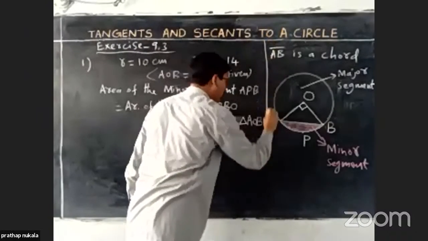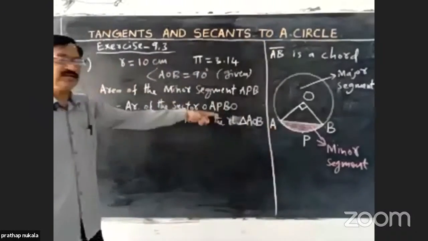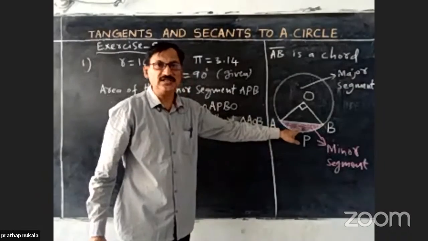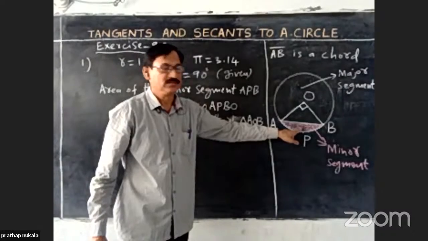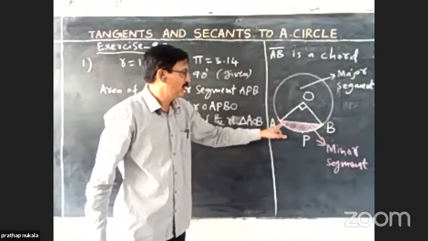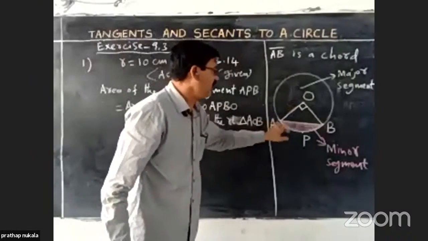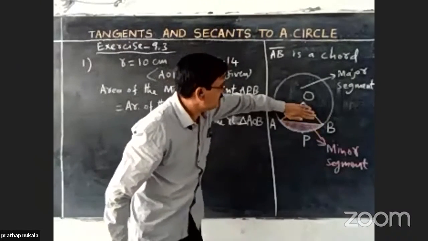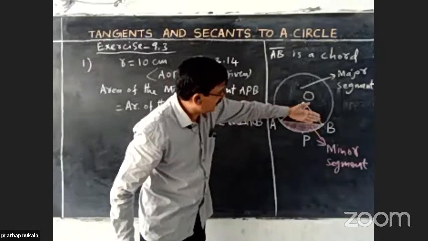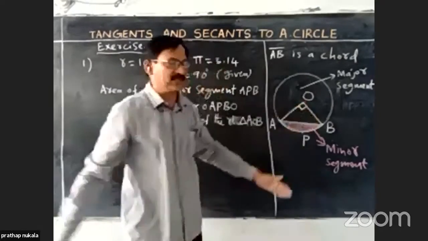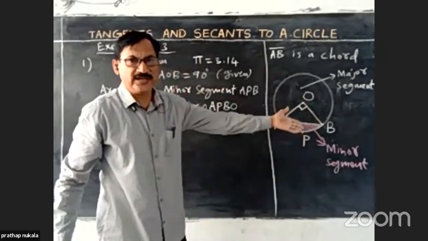Is it clear? To get the area of this minor segment, area of the sector minus area of the triangle. If we subtract this triangle area, we will get the lower portion. That is the required area of the minor segment.